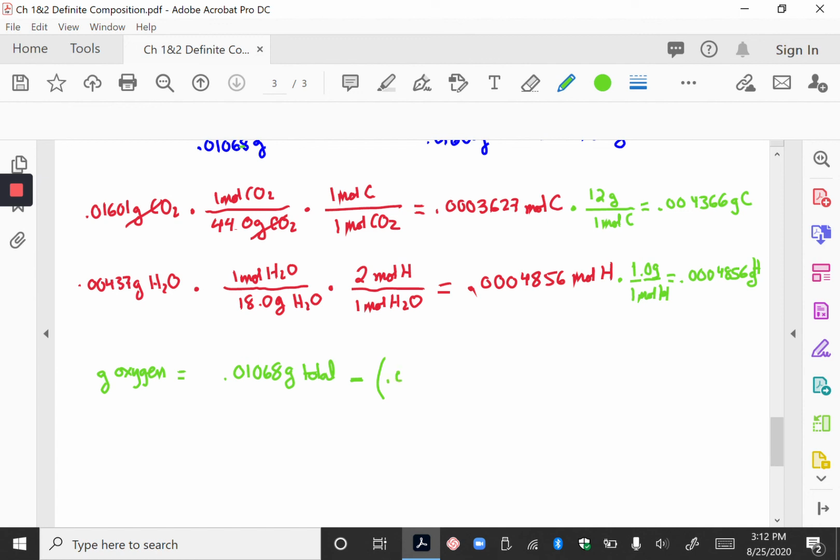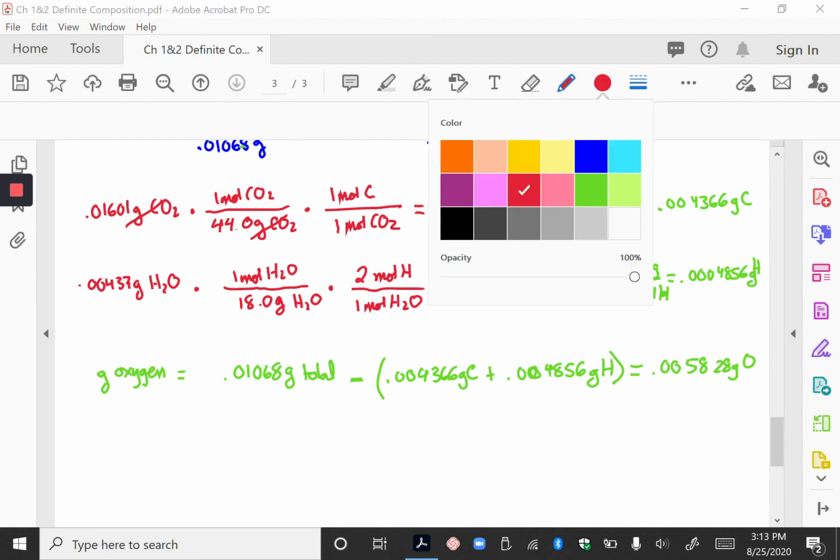So 0.004366 grams of carbon and 0.004856 grams of hydrogen. This gives me 0.005828 grams of oxygen.